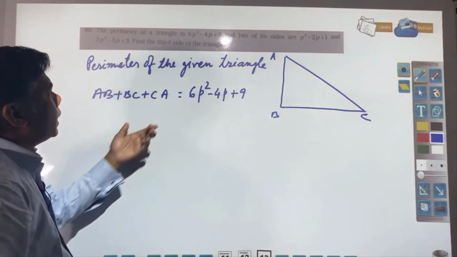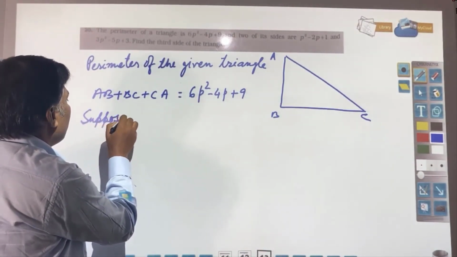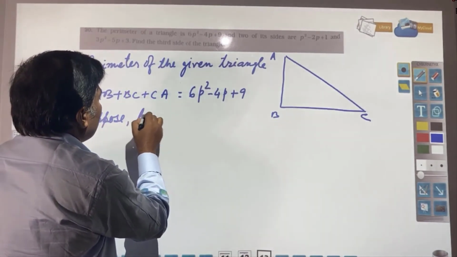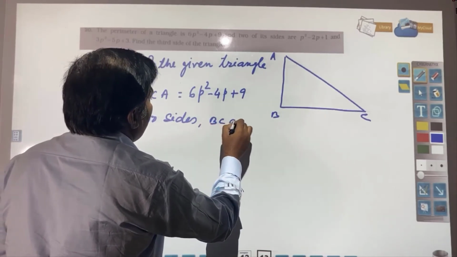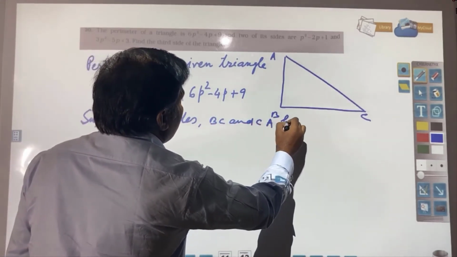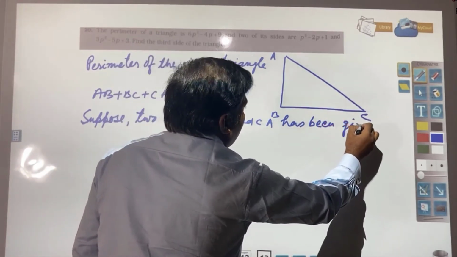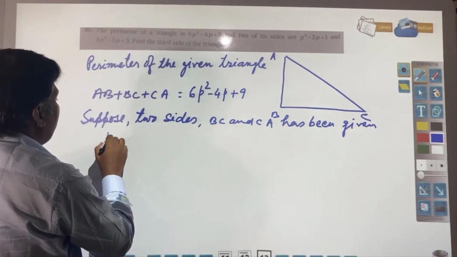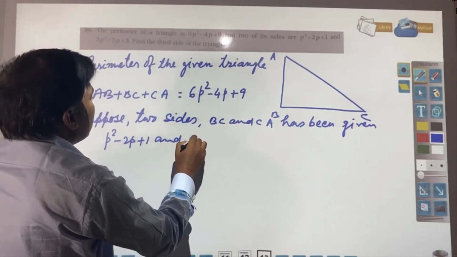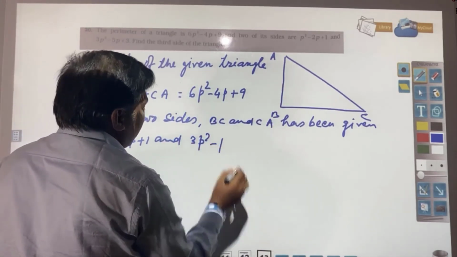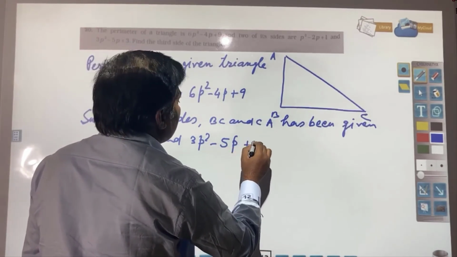Suppose BC and CA, any two sides, have been given. How much? p square minus 2p plus 1 and 3p square minus 5p plus 3.